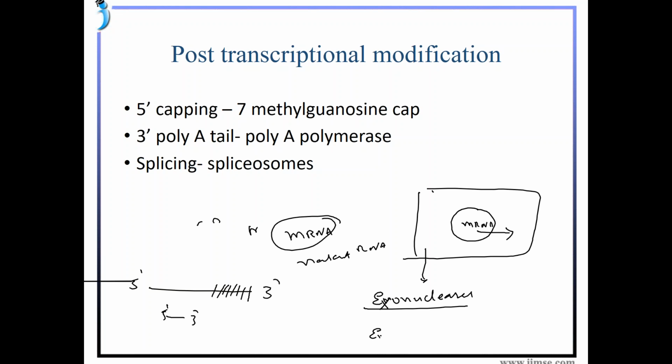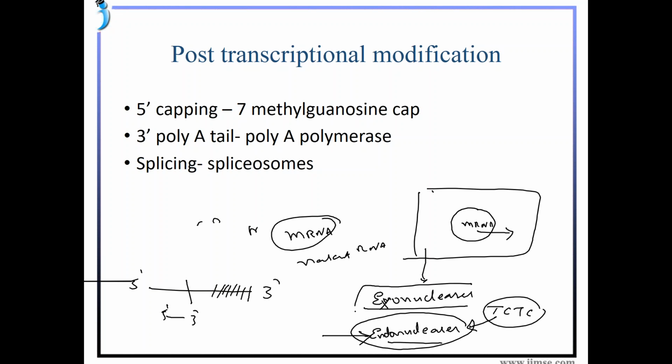There are also, you would have heard, endonucleases. These endonucleases actually cut in between. But for these endonucleases to cut in between, you should have some patterns, like as you saw for the promoter TATA box, you should have a particular pattern to get recognized by an endonuclease. But these patterns are not commonly present, so we don't have any problems with the endonucleases.